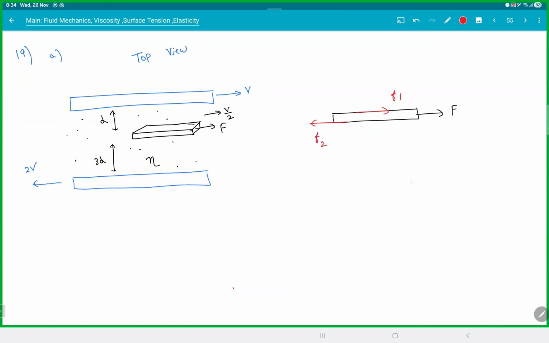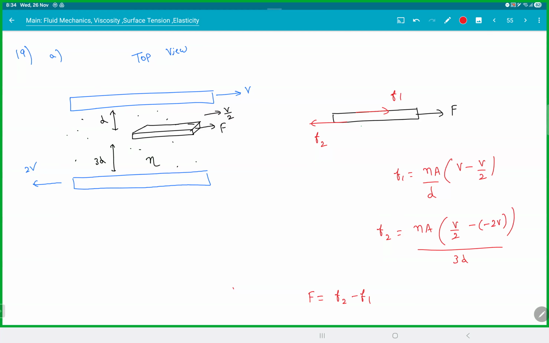And what is the value of F1? F1 will be eta A times relative velocity V minus V by 2, by the distance between them, which is D. F2 will be eta A times V by 2 minus of minus 2V, by 3D. Therefore, F is equal to F2 minus F1. Are you clear with this?